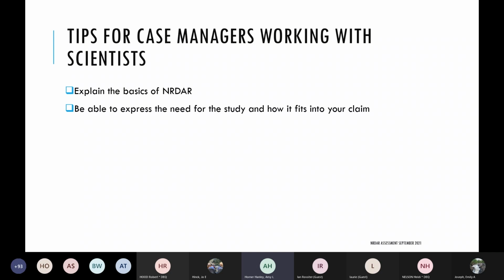That fits into the next tip, which is that the case manager should be able to express the need for this study, the questions that we have, and how it fits into our claim. Because we do have specific questions. It's not just a general scientific exploration of, hey, what happens if? And I think it's important for all parties to have clarity on what the trustees are looking for.